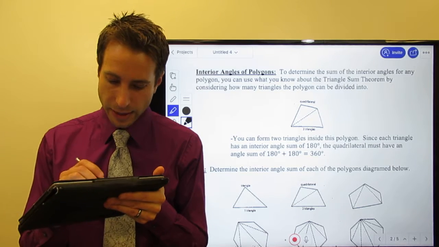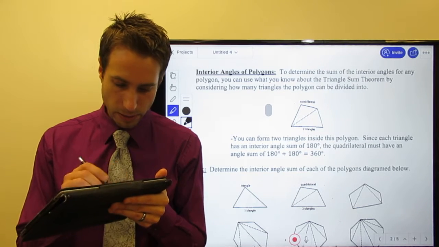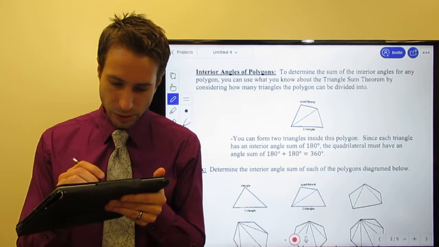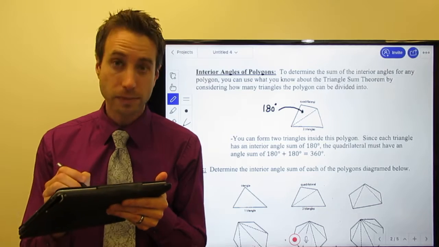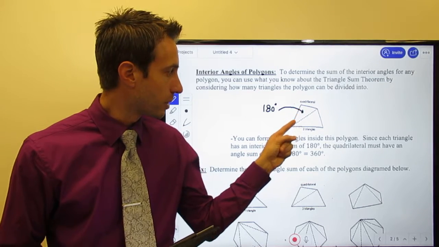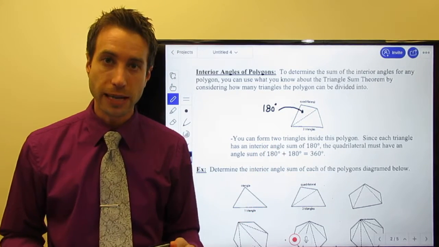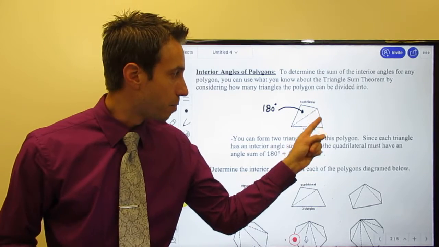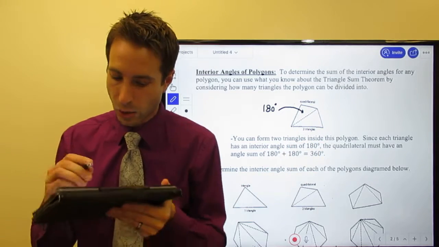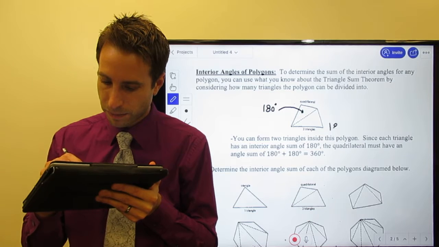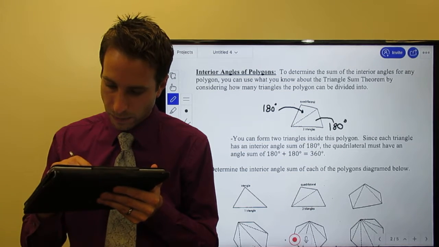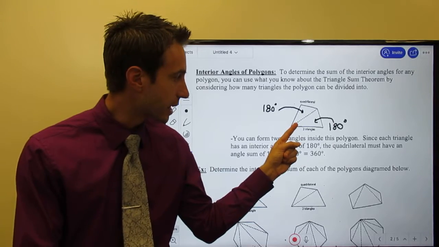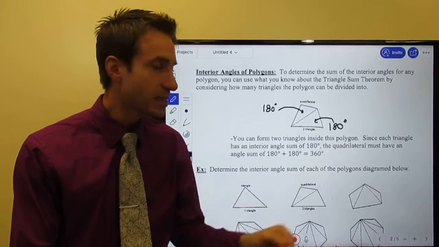I know that this top triangle's interior angles must sum to 180 degrees. This angle plus that angle plus that angle is 180. But I know then that this bottom triangle, because it's a triangle, must also sum to 180 degrees. This angle plus this angle plus this angle.